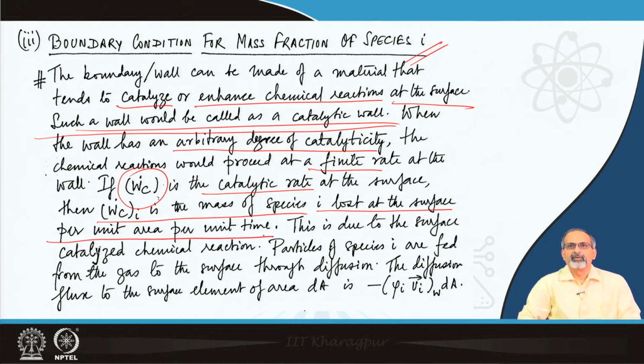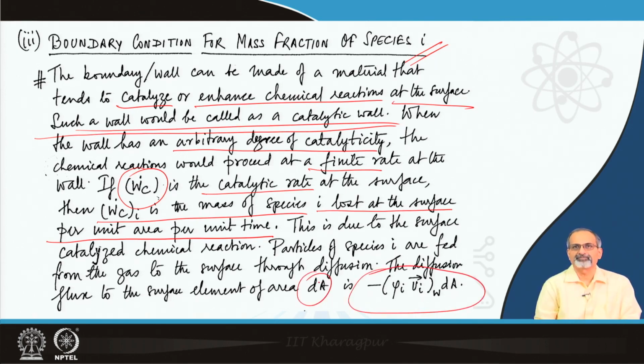This is due to the surface catalyzed chemical reaction. Therefore, the particles of species i are fed from the gas to the surface through diffusion process. The diffusion flux to the surface element of area dA would be given by a form like this.